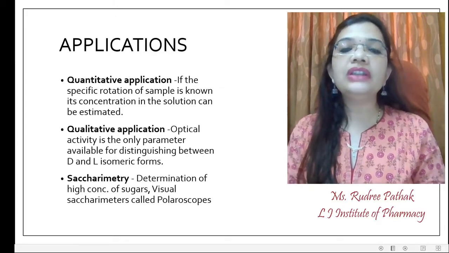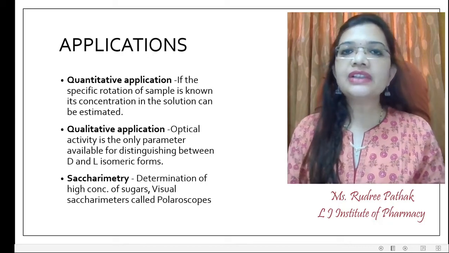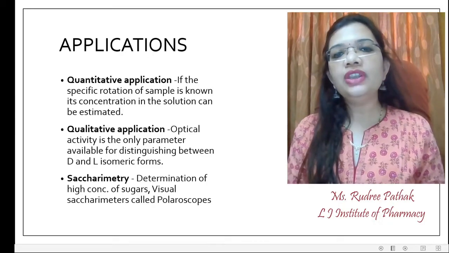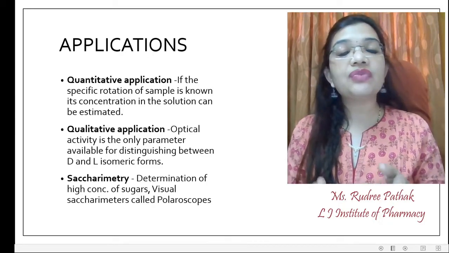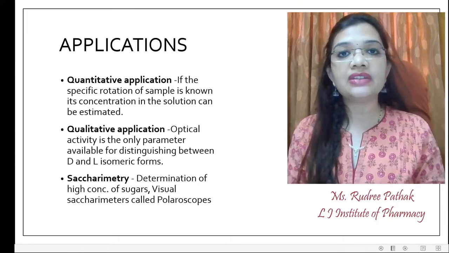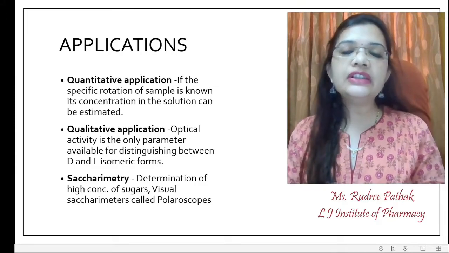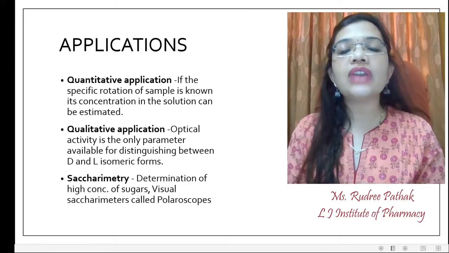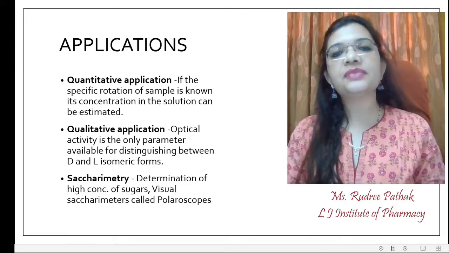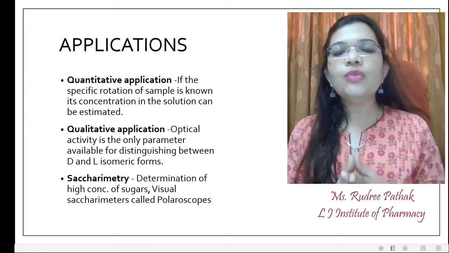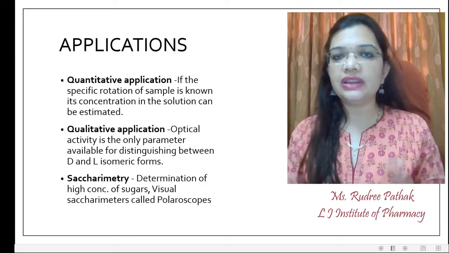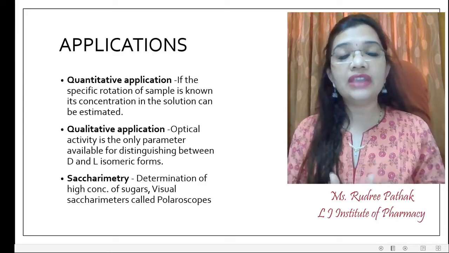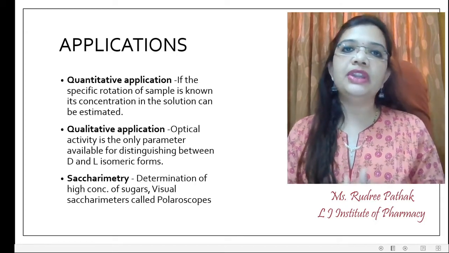that is known as qualitative application. Last but not the least, this particular analytical technique is widely used for estimation of sugars in the solution, and that is what is known as saccharimetry, that is measurement of sugars. Most of the sugars that we know in the pharmaceutical industry or even in the food industry are optically active.